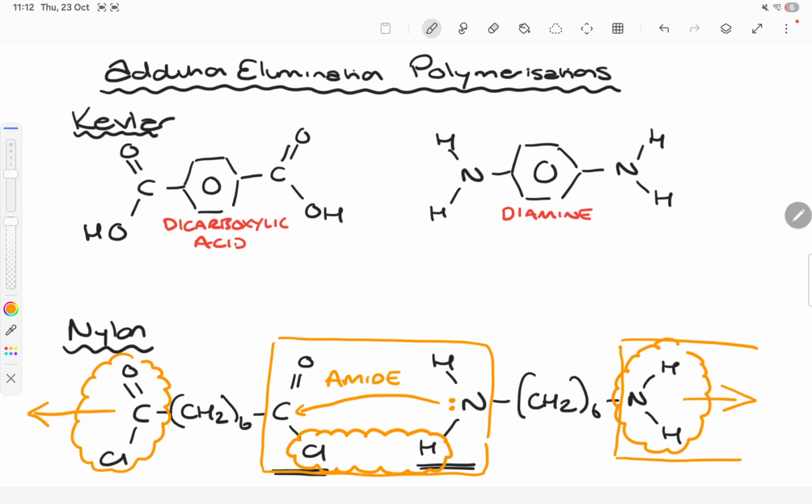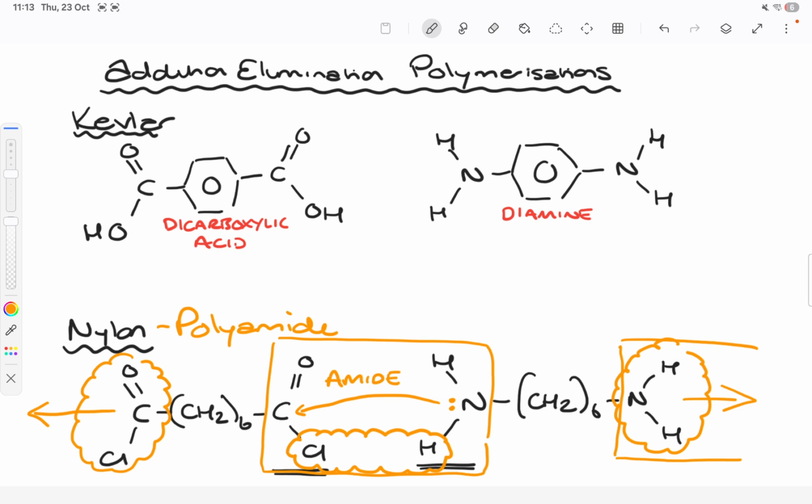Likewise, this acid chloride could then react with another amine from another molecule in the reaction pot, creating the possibility of polymerisation, and nylon being known as a polyamide. But again, as I keep reiterating in these clips, at heart is a nucleophilic addition elimination mechanism.